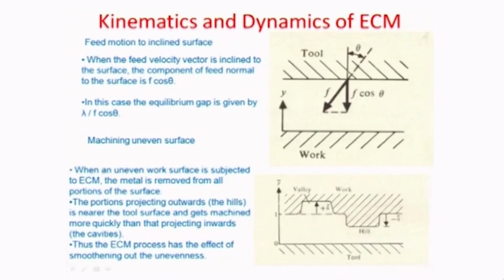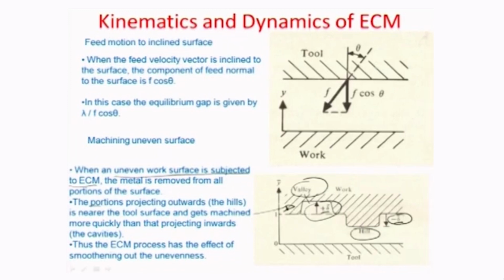We are working with an uneven work surface, subjecting it to ECM. The work surface is shown here. There are certain valleys in the work surface, there are certain hills, and these hills and valleys are all separated by delta dash, whether in the positive or the negative direction. So these are the average defects on the surface, which eventually the ECM process should level to a certain mean value.